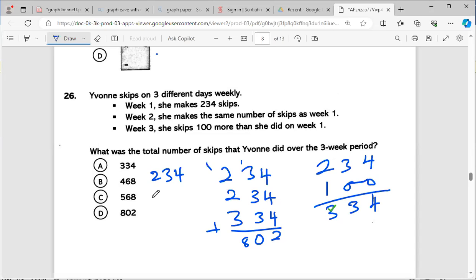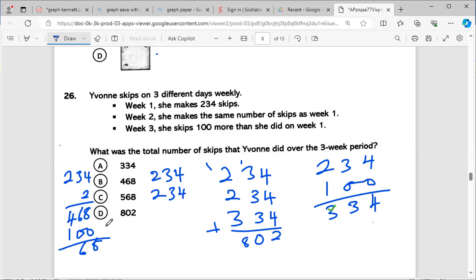So I multiplied 234 times 2, and I got 468. And then I added 468 plus 100. I got 568. So your answer is C?